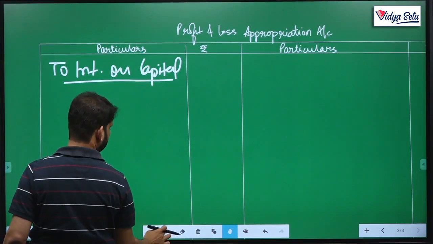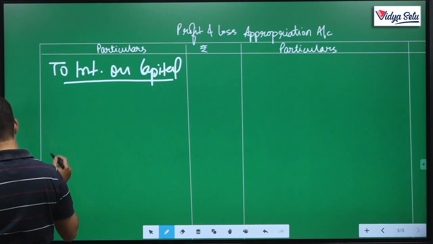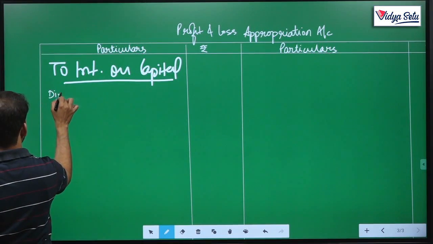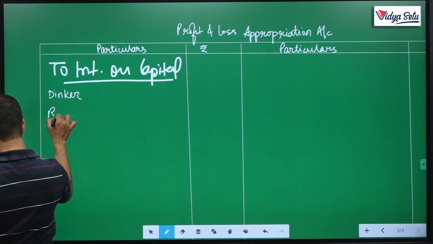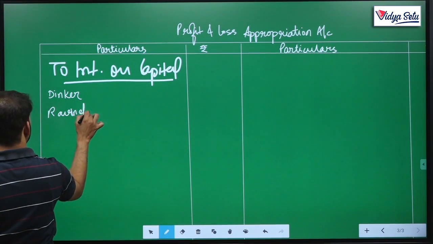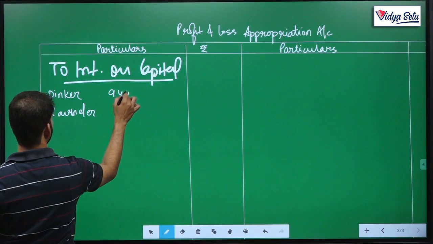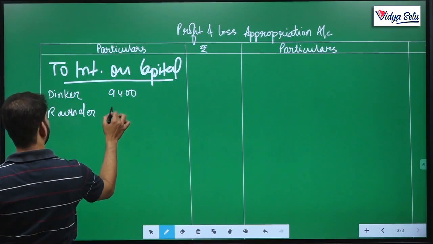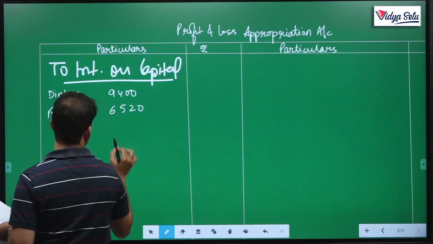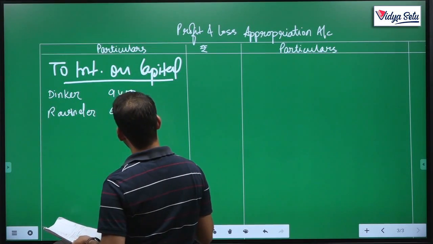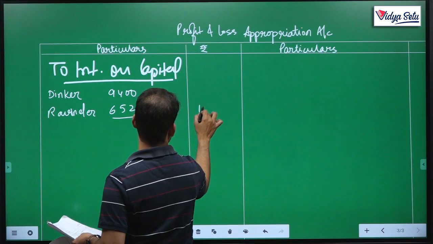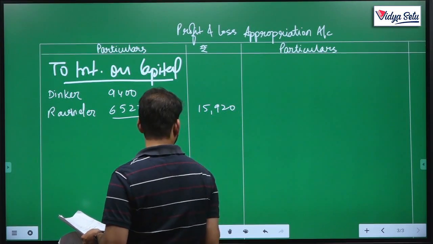Interest on capital. The names are Dinkar and Ravinder. Amounts are 9400 and 6520. So 15,920.